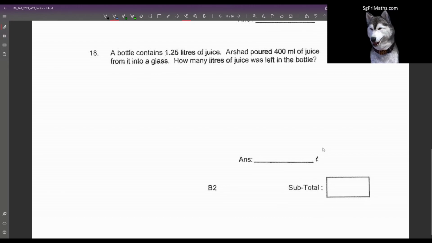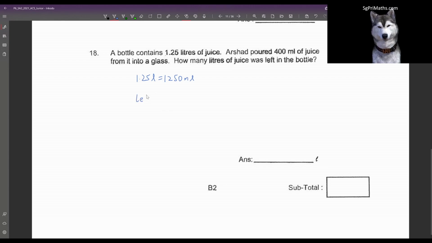Question 18. A bottle contains 1.25 liters of juice. Ashhart poured 400 ml of juice from it into a glass. How many liters of juice was left in the bottle? Okay, so starting we have 1.25 liters, which is also equal to 1250 ml. Change to ml because over here is also in ml.